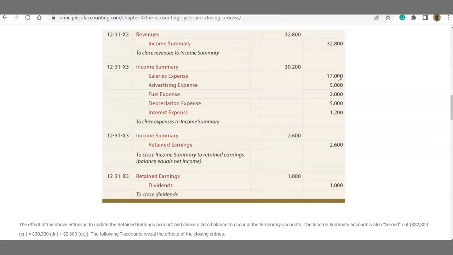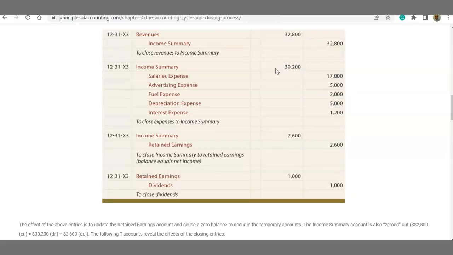Then, because expense has a normal debit balance, you credit every single expense you have, one after another: credit, credit, credit, credit, credit. You make all your expenses closed, add them up, and you leave a blank line here.